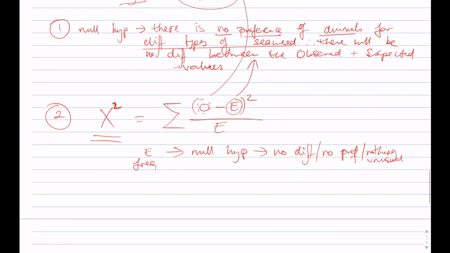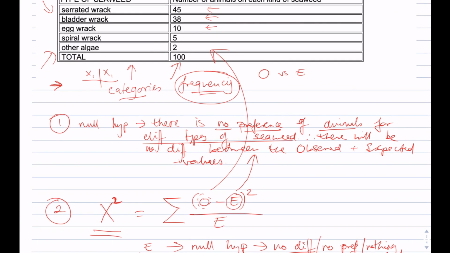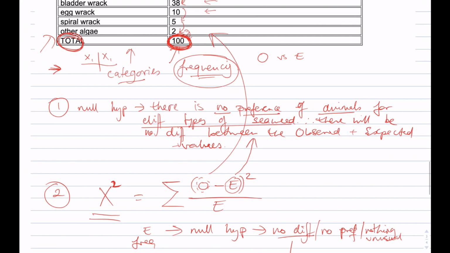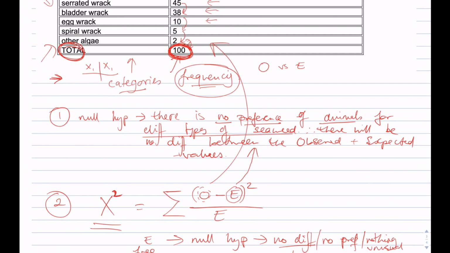Okay, so in this case there's no difference, and so I would expect the frequencies to be equal on all the categories of seaweed. Now the way we do that is we look at the total number of animals. In this case it is 100 animals all together, so we add all these numbers up and we get 100, and then we say, if they were equally distributed, it would be 100 divided by the number of categories.